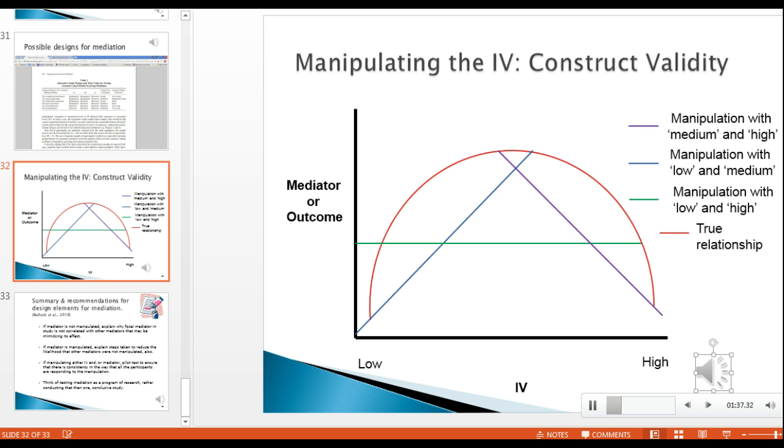If you are trying to manipulate a variable and it has a function of this shape, then you have to make sure that you have three conditions, low, medium, and high, in order to capture the full range of that function. As you can imagine, if we simply had a low and a high manipulation, so let's say we manipulated people's stress, but in a way that was ethical and good.